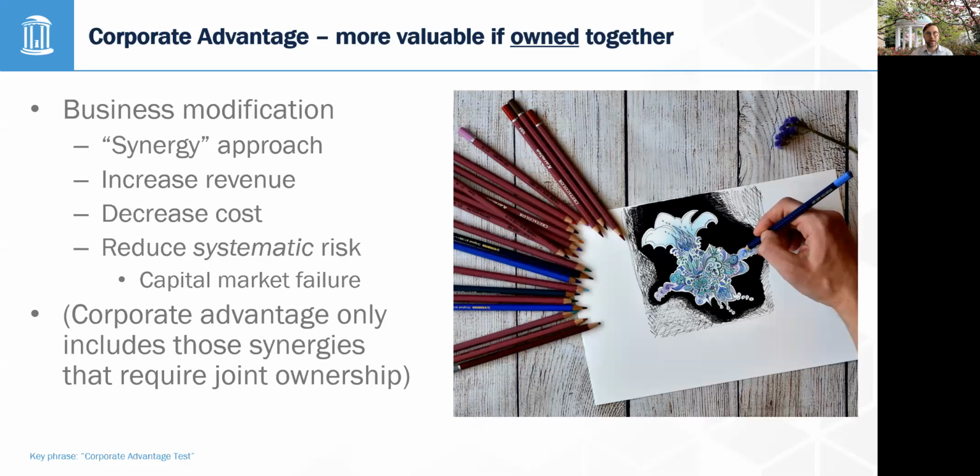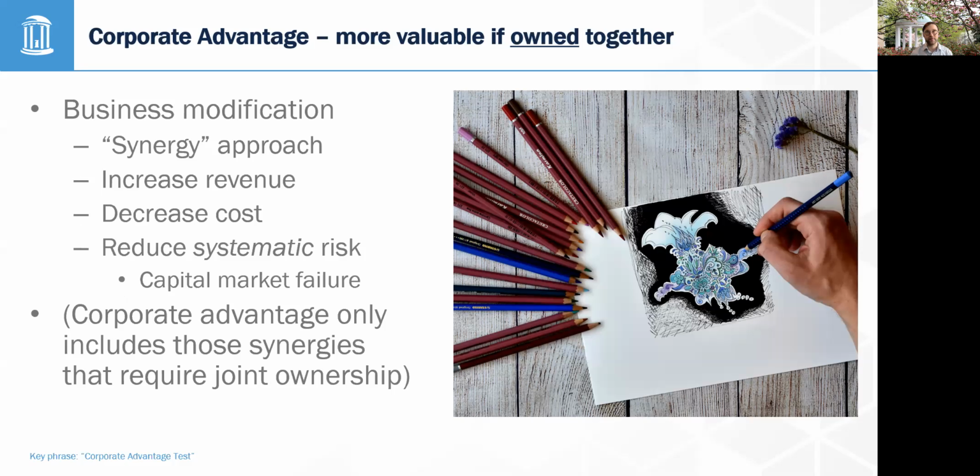So again, we're still talking about corporate advantage here, but another way of creating value through combinations of businesses in the same firm is through business modification. This is the synergy approach. This is saying that you have businesses that are owned together and they're more valuable because they're operating together.